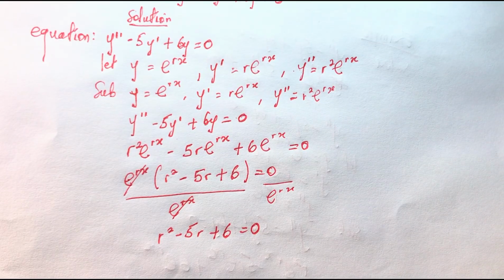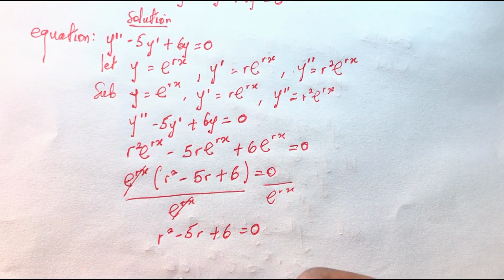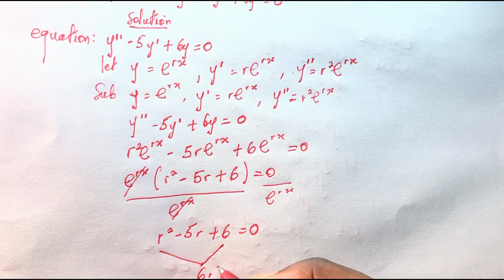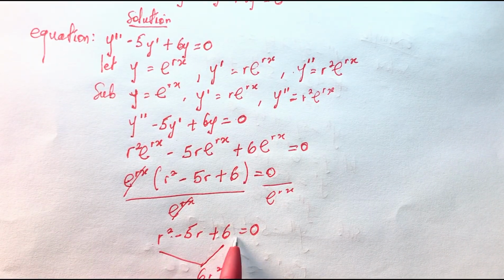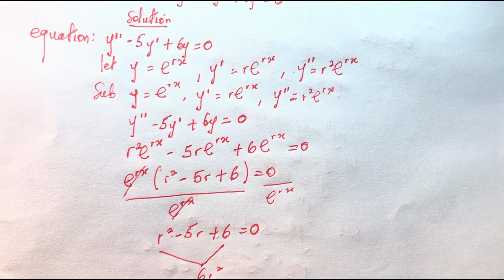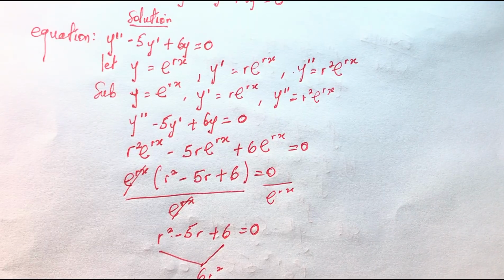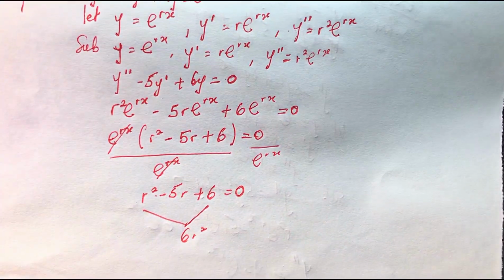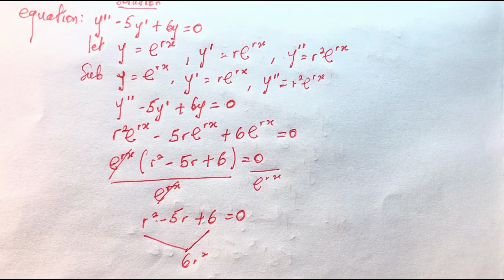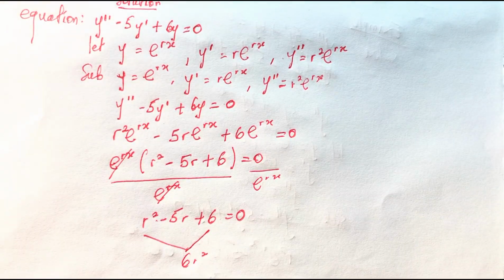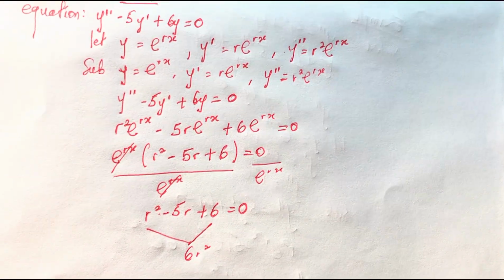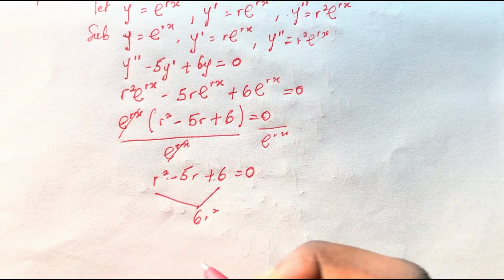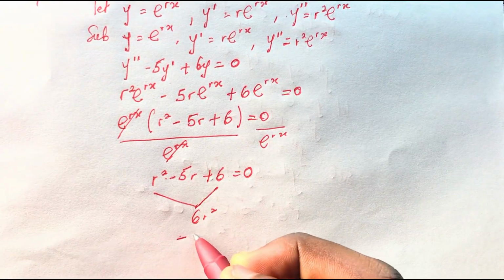Next, let's factorize. We have 6r squared here and negative 5r.